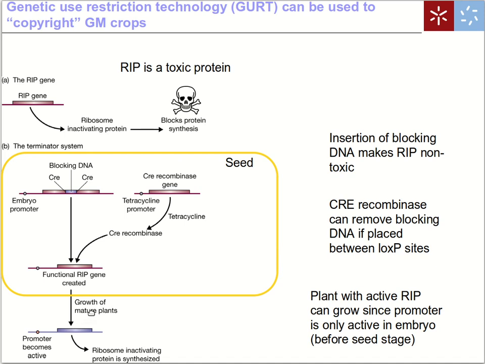So instead of making it necessary to buy new seeds from the company, you can use the seeds if you want, but they won't be genetically modified. And this is a much safer route, and it makes the farmer less dependent on the company.